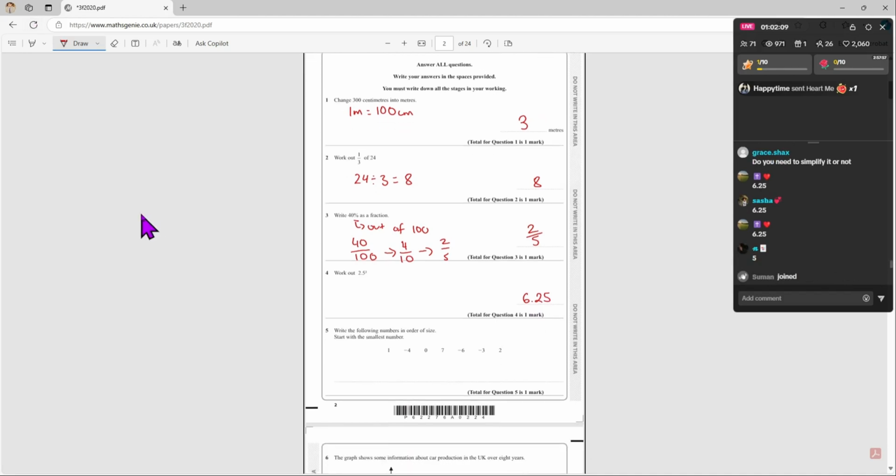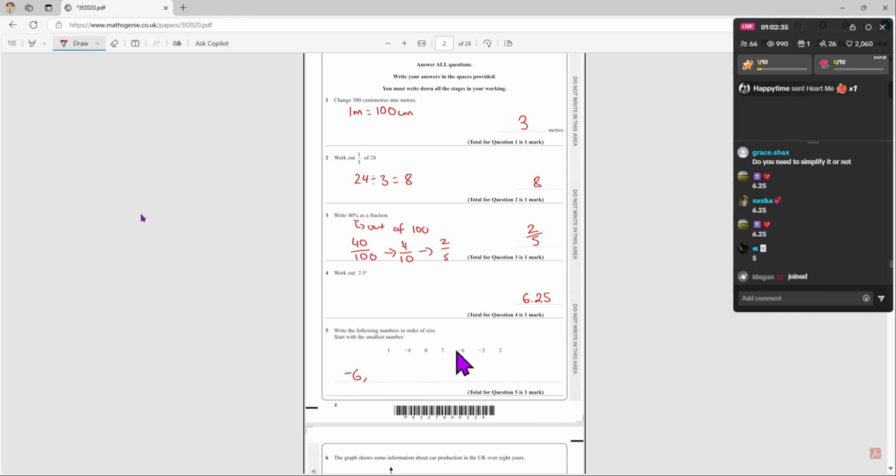So we have question number 5 now. We need to write the following numbers in order of size, starting with the smallest number. The smallest number is going to be one of the negative numbers. The smallest number is -6, so we're going to write -6 over here.